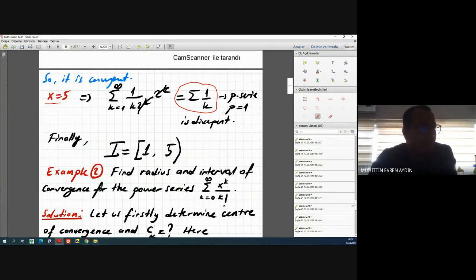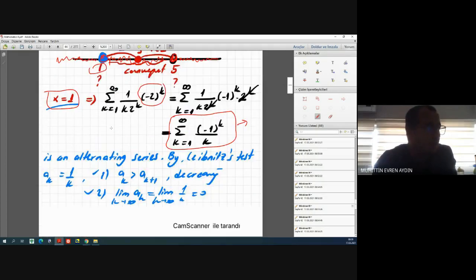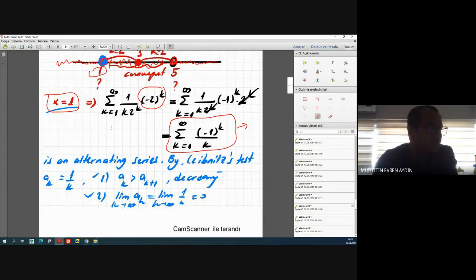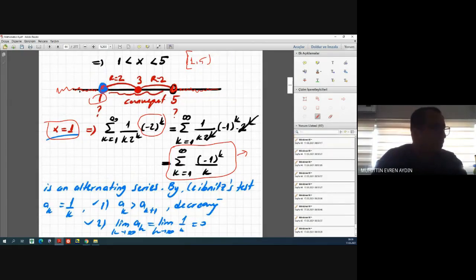From the test of the harmonic series, this is divergent. Which means that our interval of convergence is [1,5), the semi-open interval. Okay, this is the solution. So 1 belongs to the interval, but 5 doesn't belong.